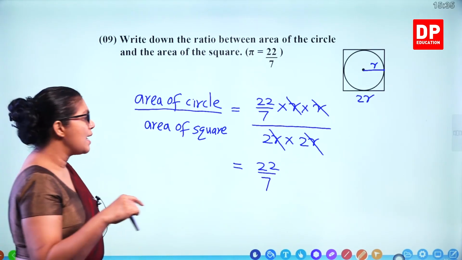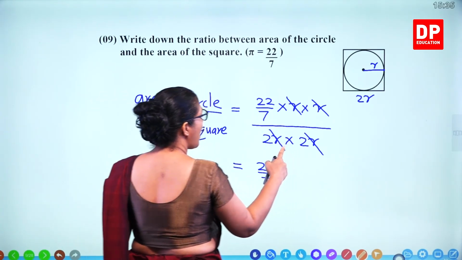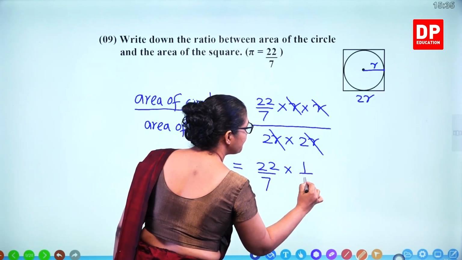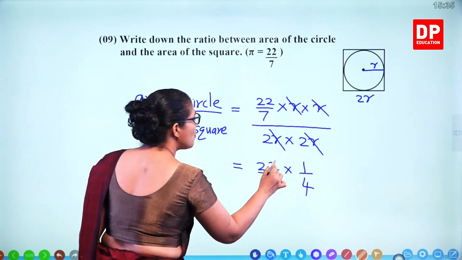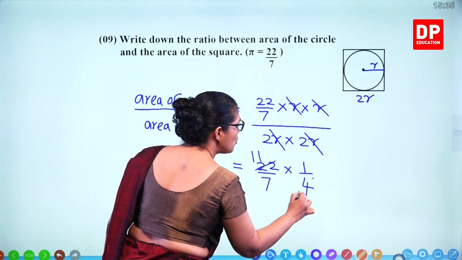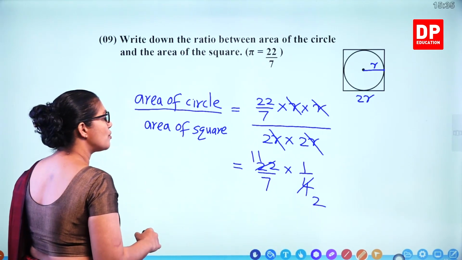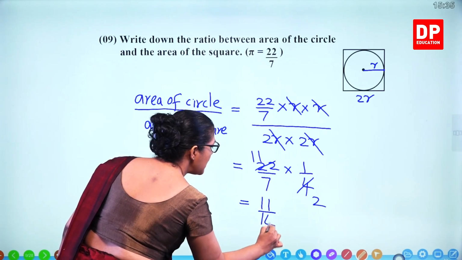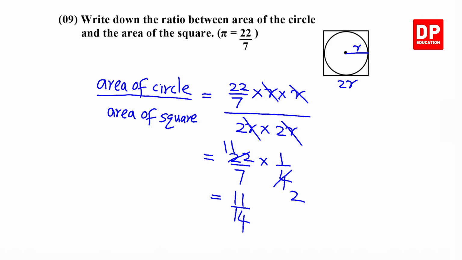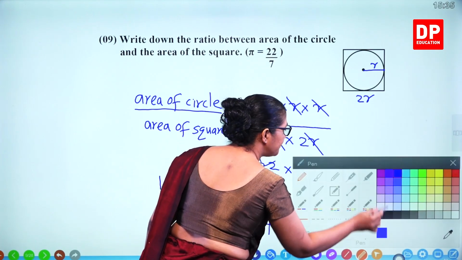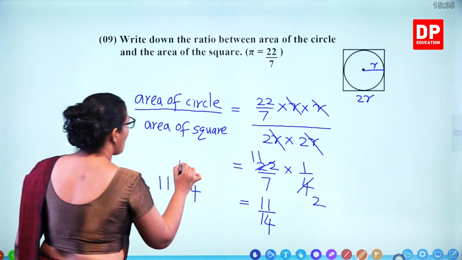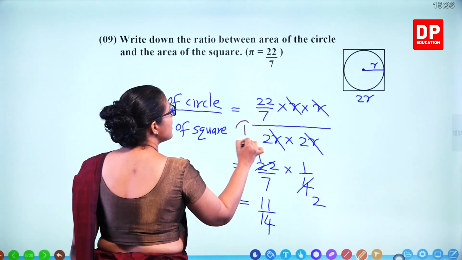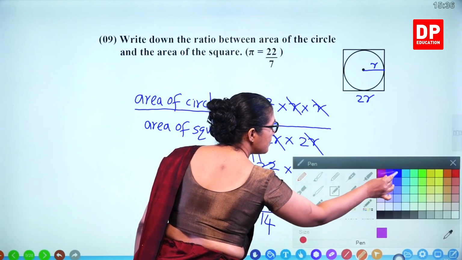Divide by 4 means multiplied by 1 over 4. 2 times 1, here 11, 2 times 2. So what's the ratio? This is 11 and this is 7 times 2, 14. So the ratio is 11 to 14. So you get 2 marks there, 1 mark for the correct answer and 1 mark for the method.